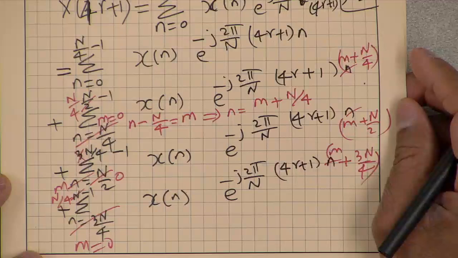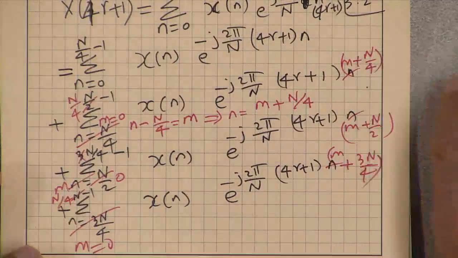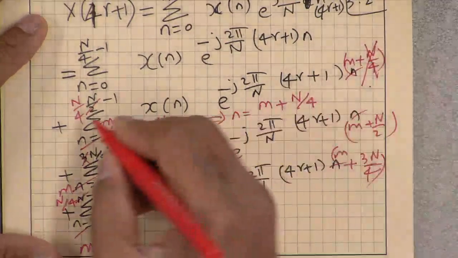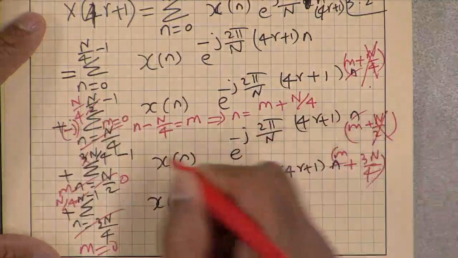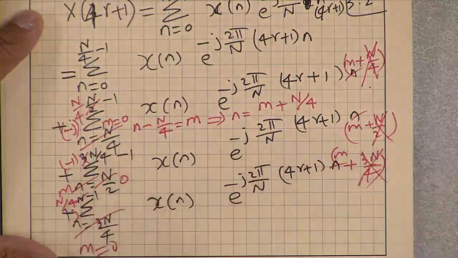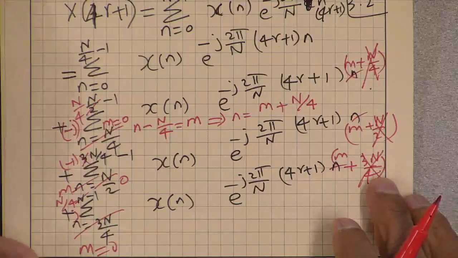Let me clear out these terms: that's minus j, that term removed, minus 1, that term removed, plus j. Okay, so that's what we have now.